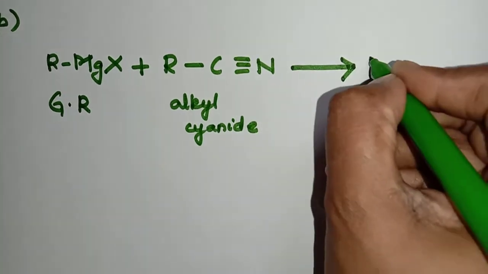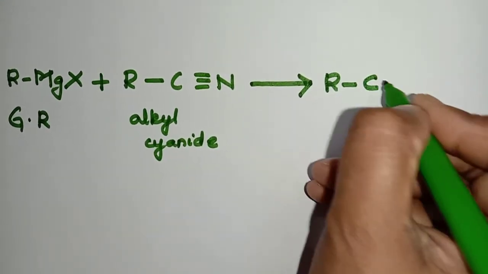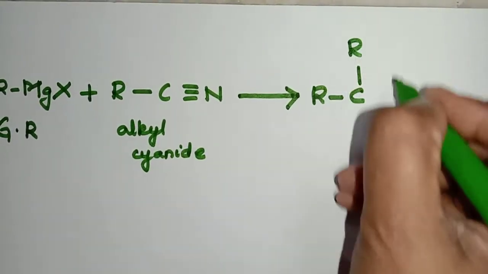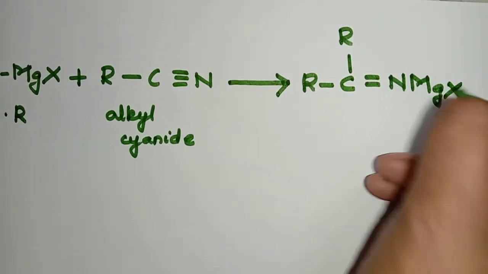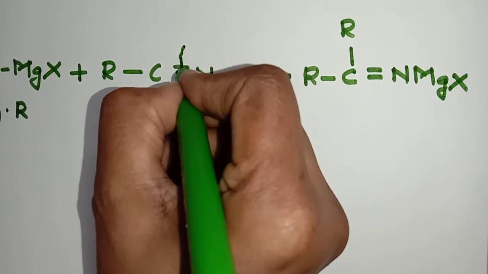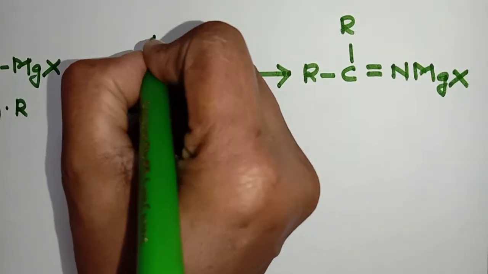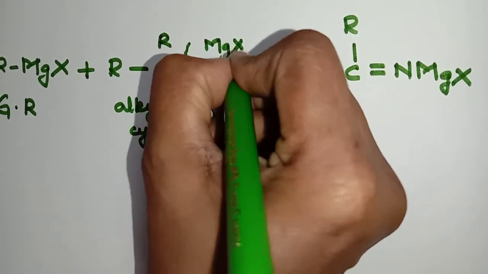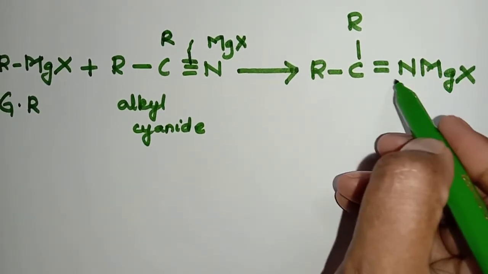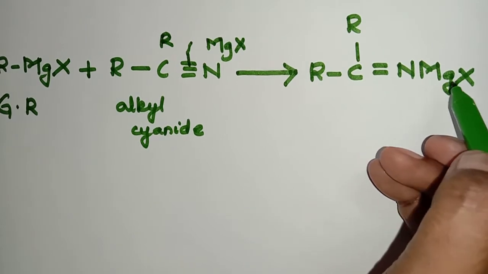So what happens? RCR double bond N MgX. Here I will show you. One of the pi bonds breaks up and here comes R and here comes MgX. So RCR double bond N MgX.